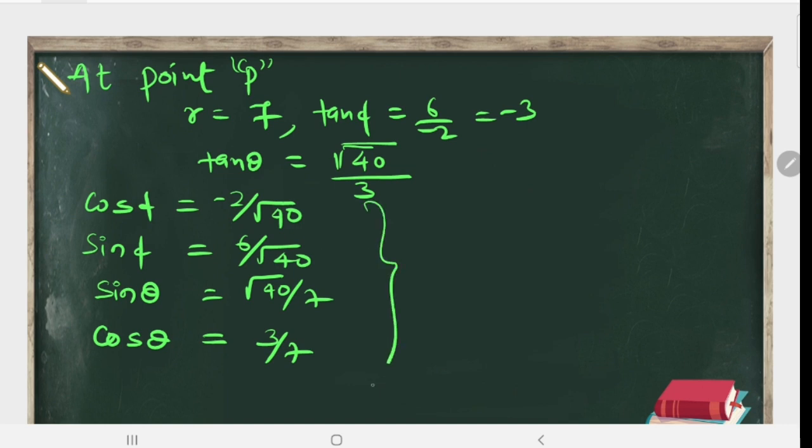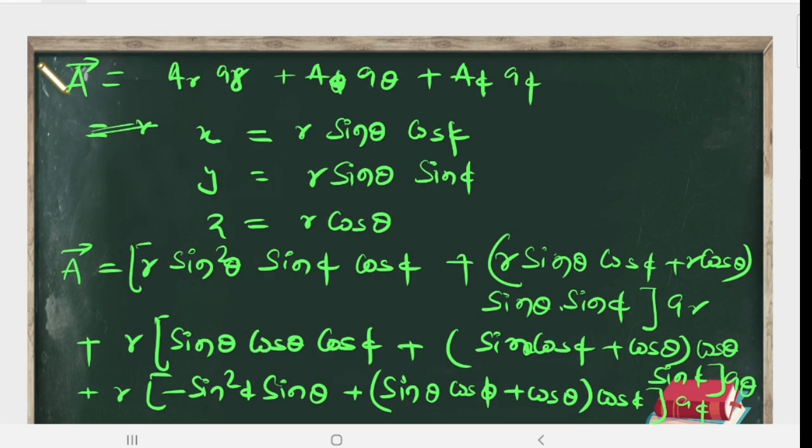Substitute all these values in this equation. Suppose this is equation A, then you will get the value of vector A at point P.